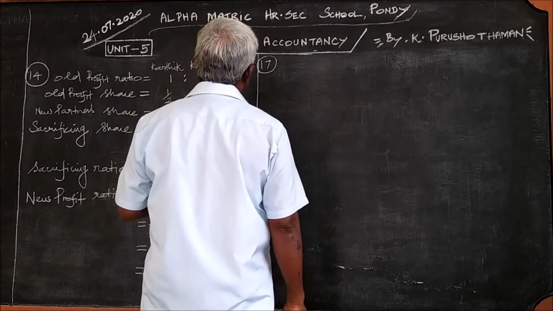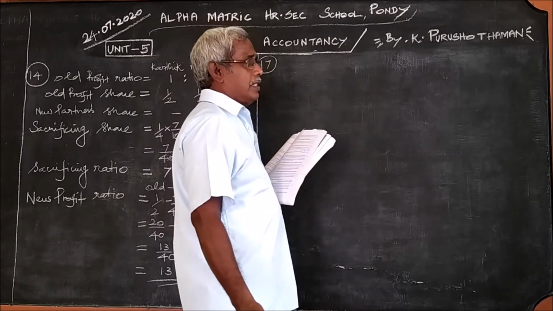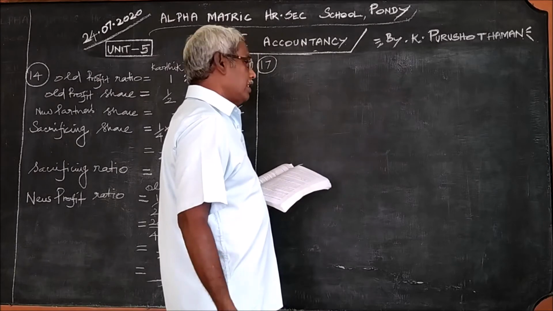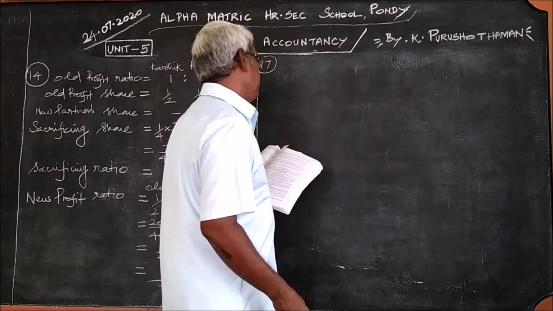So far what have we seen? When there are 2 partners, a 3rd partner is admitted. In this problem specially, there are 3 partners already, and a 4th partner is admitted.